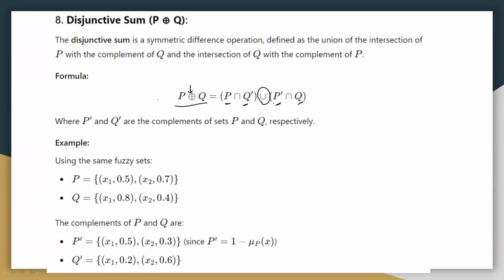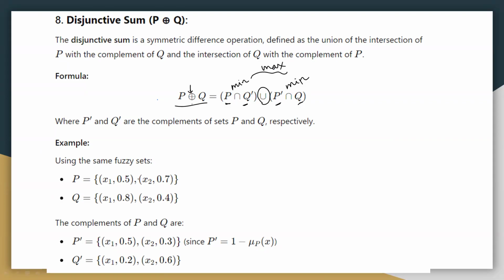So take the intersection of P with Q complement and the intersection of Q with P complement, and then the union of both of them. You have a minimum value to be taken for intersection, and when it comes to union, you have a maximum value to be taken.